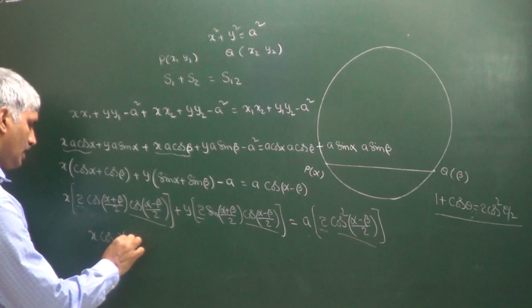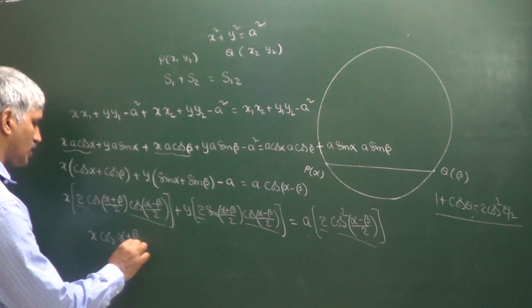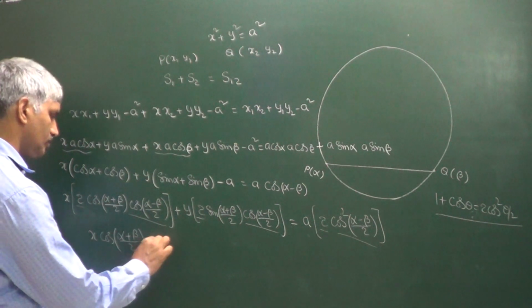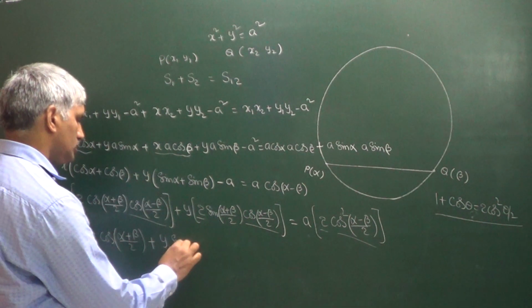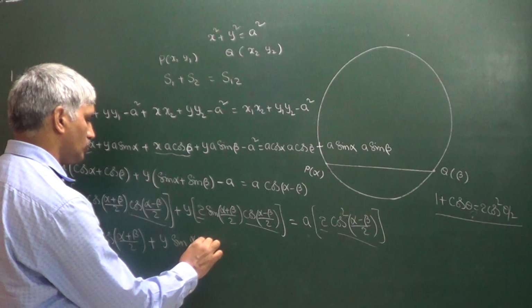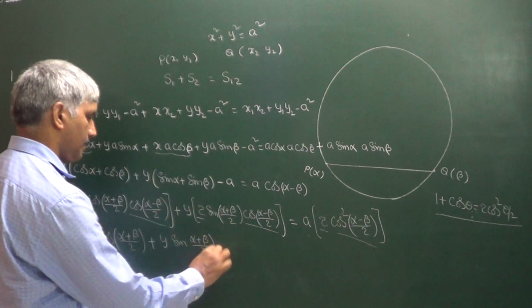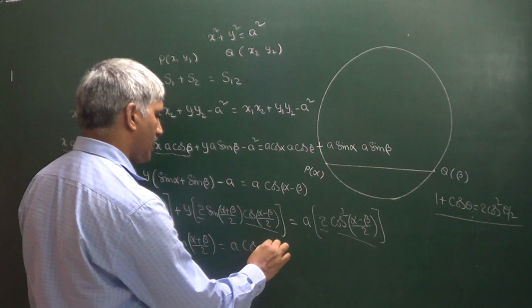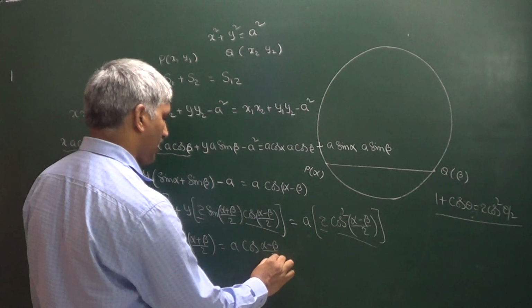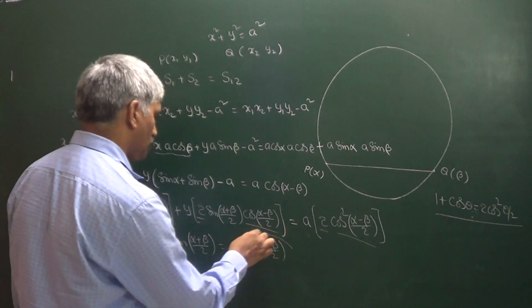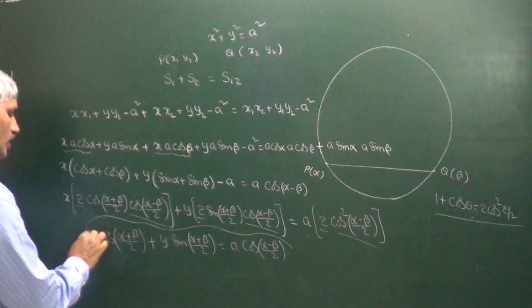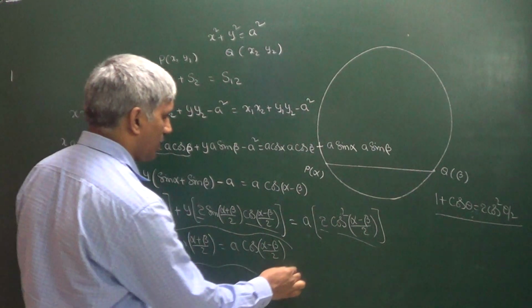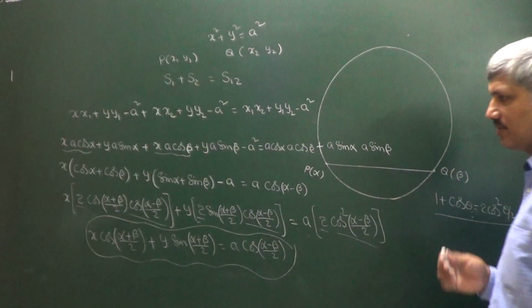Then we are getting x into cos alpha plus beta by 2 plus y into sin alpha plus beta by 2 is equal to a into cos alpha minus beta divided by 2.